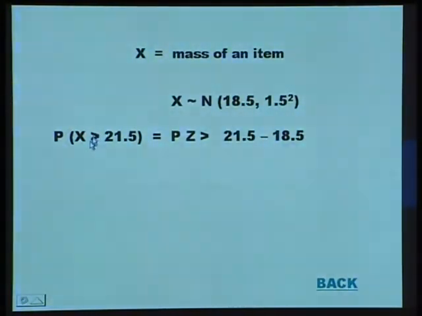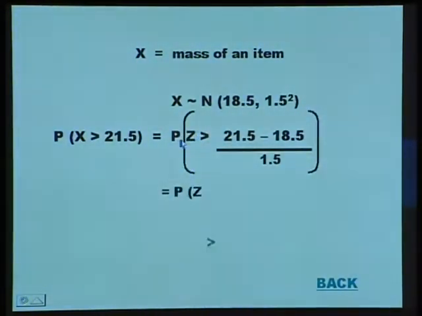We were requested to find the probability that x is greater than 21.5. After standardization, probability x greater than 21.5 becomes z greater than 21.5 minus the mean value 18.5 divided by the standard deviation.